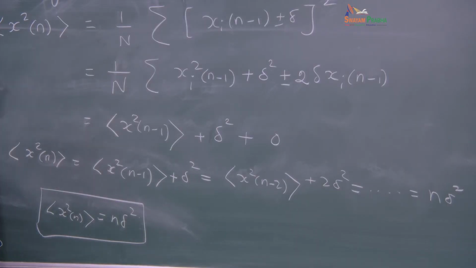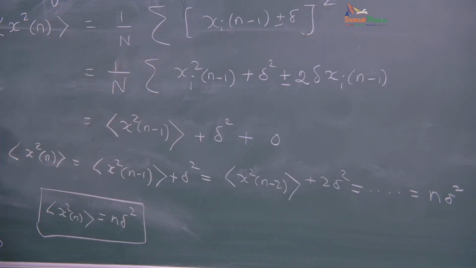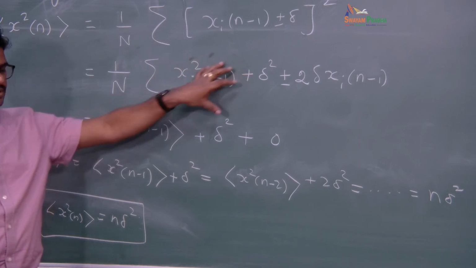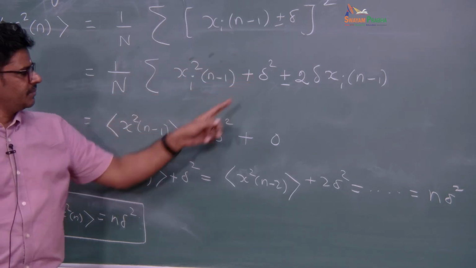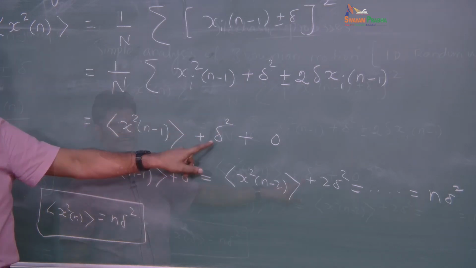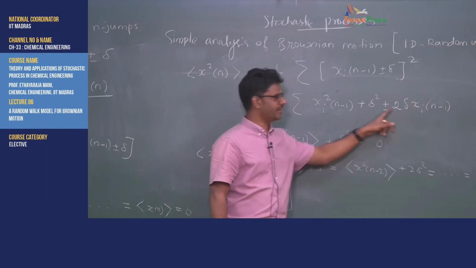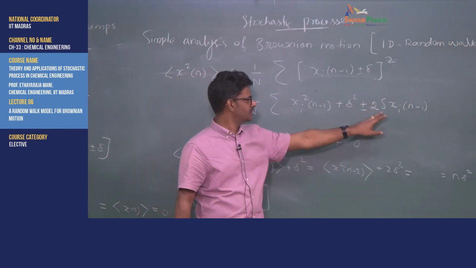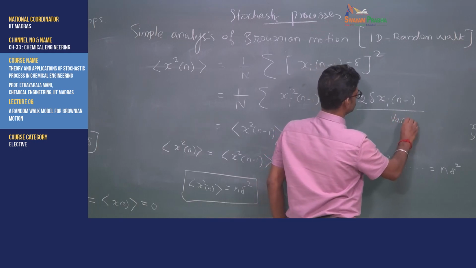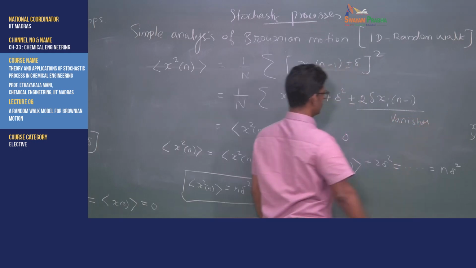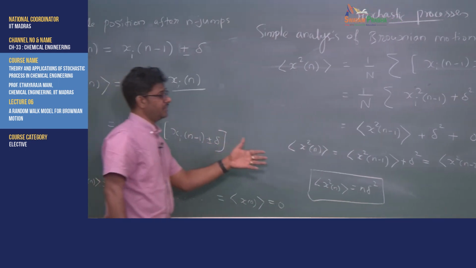Here what happens is that when I expand this expression, the first term is nothing but the mean square at n minus 1, and the second term you will get as just delta square, and because of this plus minus term, when you sum, this will become 0. Okay, this term will vanish. So then what we are saying is, unlike the mean behavior, mean square behavior is different.